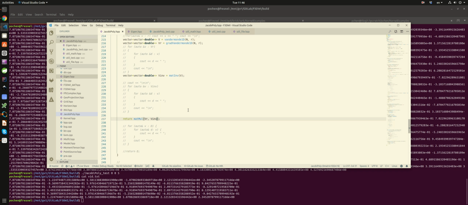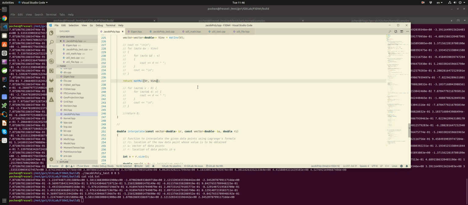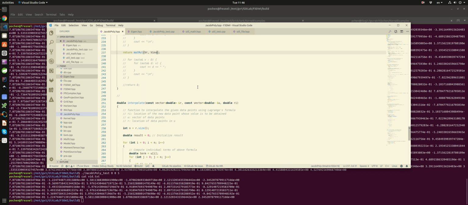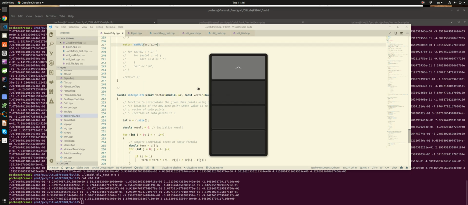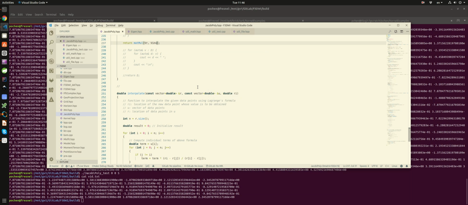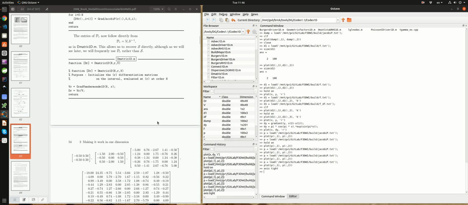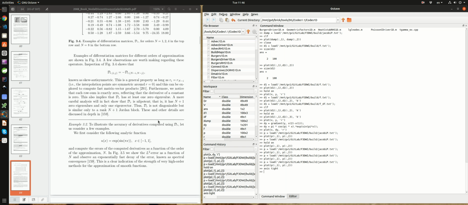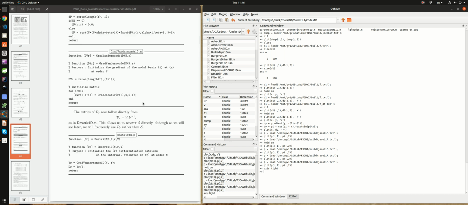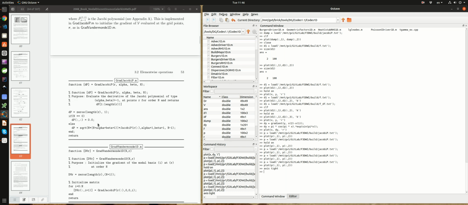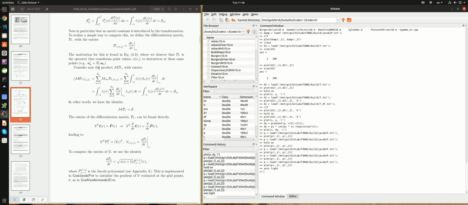Once we have the derivative matrix, we can get the derivative of the function at those interpolating points.